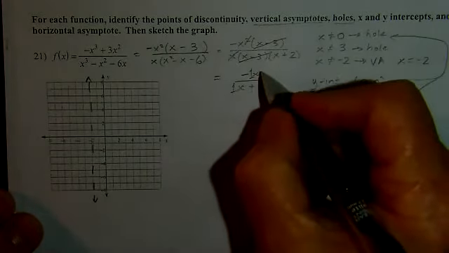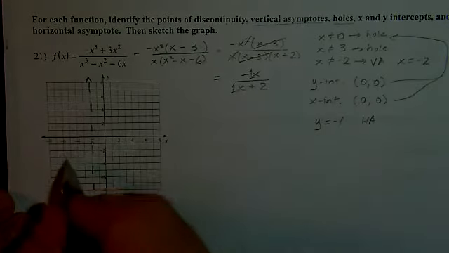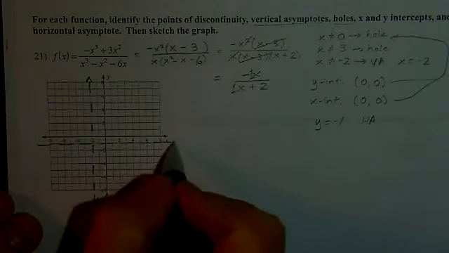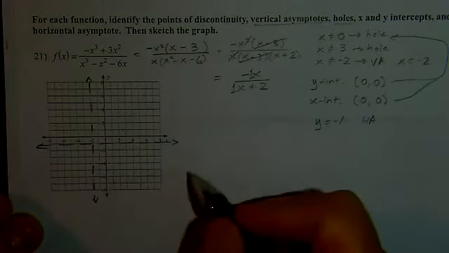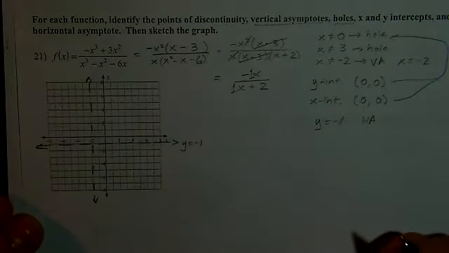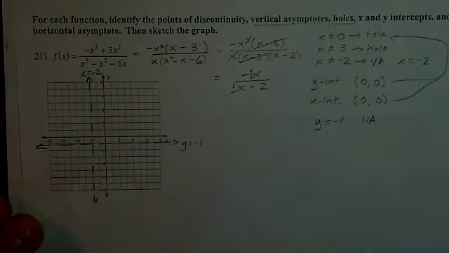The degree here, by the way, is 1 on the top and the bottom. So where is -1? That's right here. There's our horizontal asymptote, y equals -1, and here's our vertical asymptote, x equals -2.